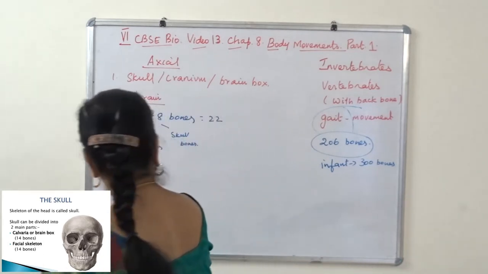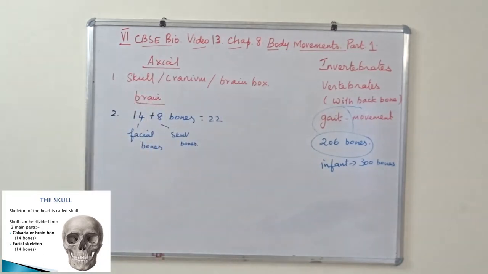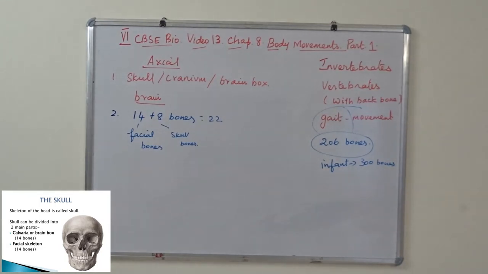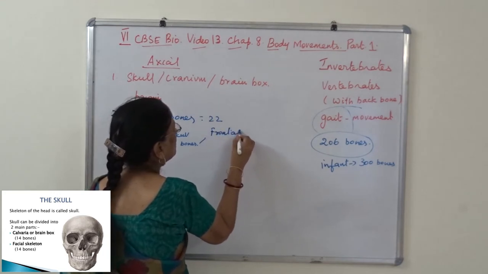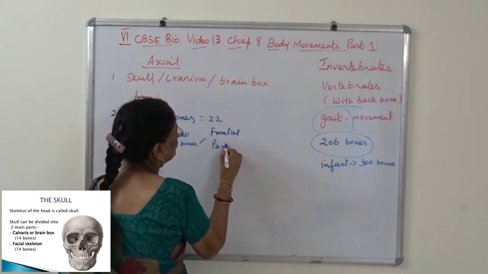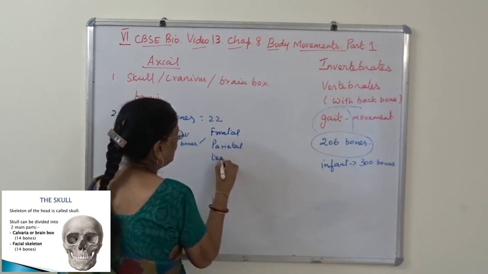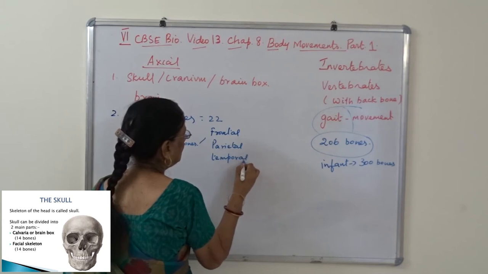So this is the skull bone. Now this skull bone is made of frontal, parietal, temporal, and occipital bones.